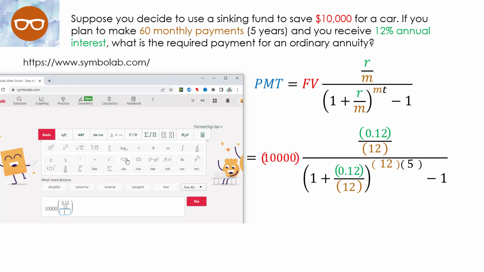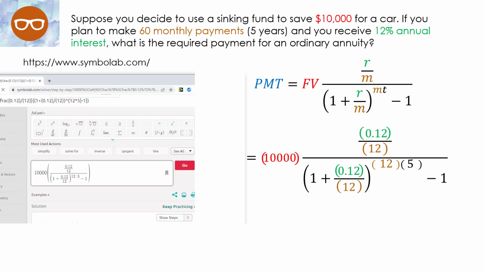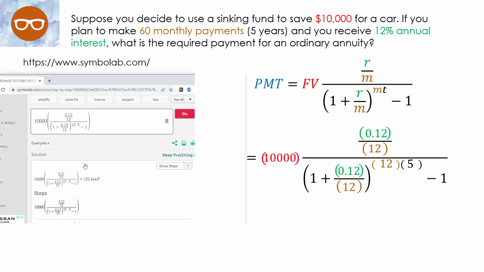In the denominator, we need another parentheses because we're going to have 1 plus a fraction, 0.12 over 12, over arrow. Our exponent is 12 times 5, over arrow, minus 1, and let's go. Okay, you need to write this number down. And let's go back to the question.